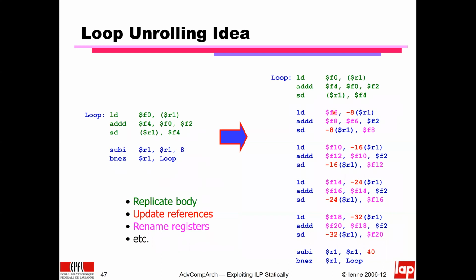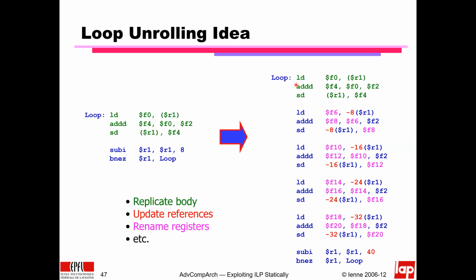Naturally, I would have here F0. I have a write after write dependency and a write after read dependency here. So I could not schedule this load before the add because they conflict by name. So it's the problem that we know super well.